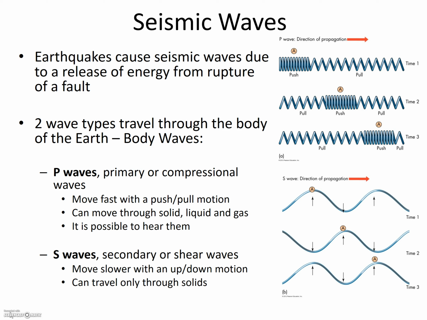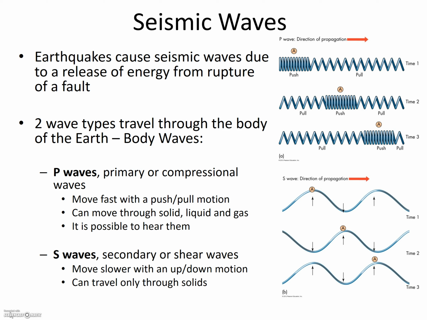When an earthquake occurs, seismic waves are generated. This is due to a release of energy from rupture of a fault. We've already talked quite a bit about them when discussing the internal structure of the Earth. 2 wave types travel through the body of the Earth. Body waves.